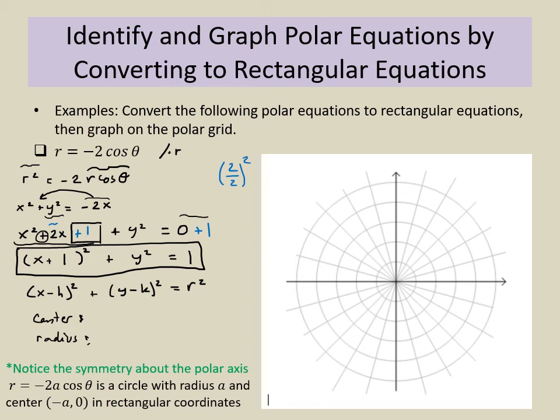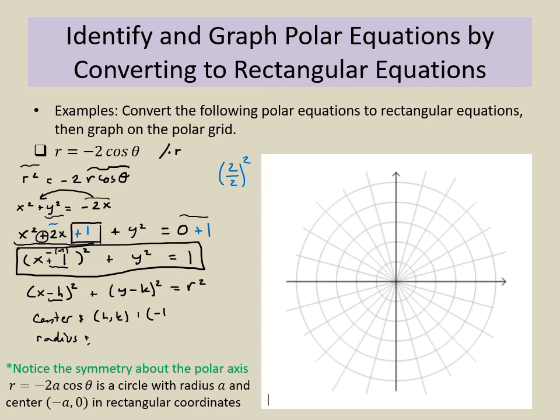Okay, so the center is h and k, but this is x minus h. This is x plus 1, so h in this case is what? It's not going to be 1, it is -1. h is -1, because you can treat it as x minus -1, so that's the x minus h here.